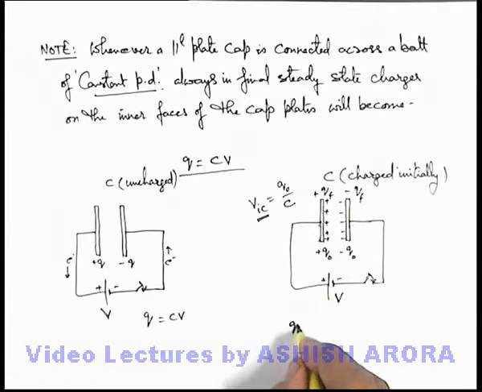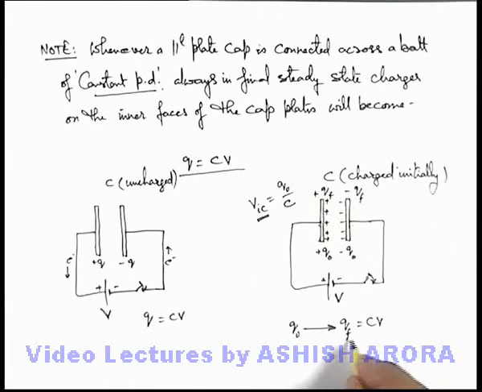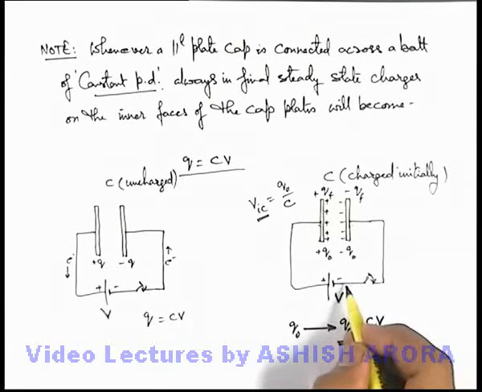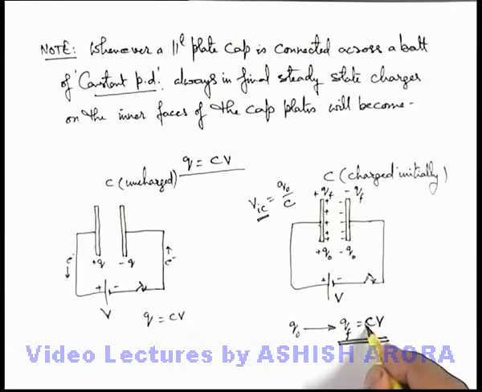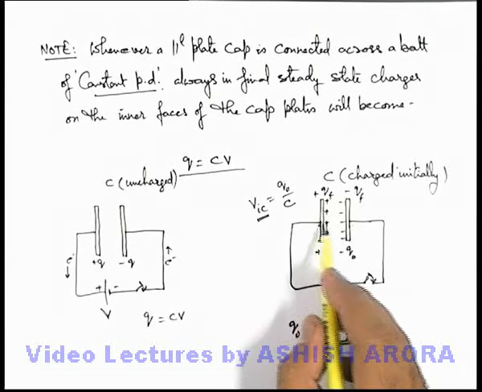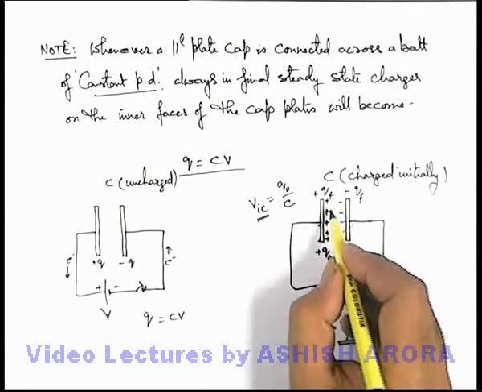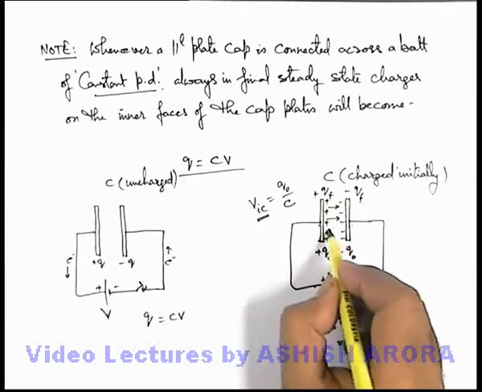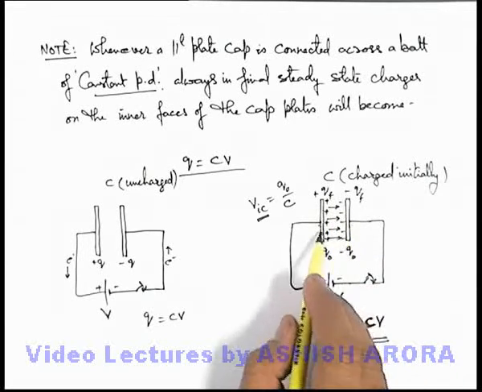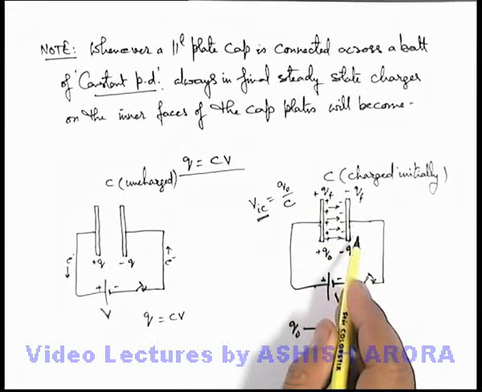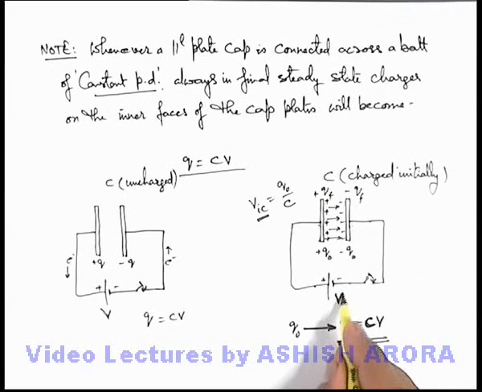And we can say this Q0 will be modified to QF, which is equal to CV. The final charge on the capacitor plates after connecting with the battery will be equal to CV, because the capacitor has to maintain the potential difference which is connected across it. So its electric field inside will also get modified in a way that the final potential difference across the capacitor plates will be equal to that of the battery.